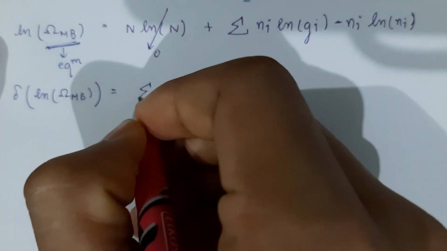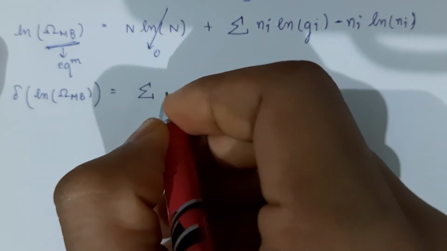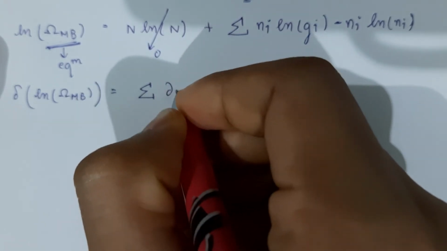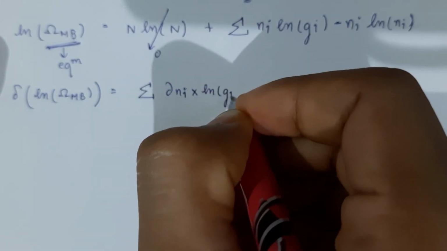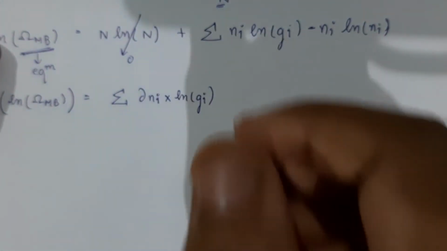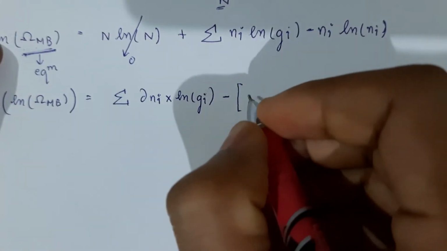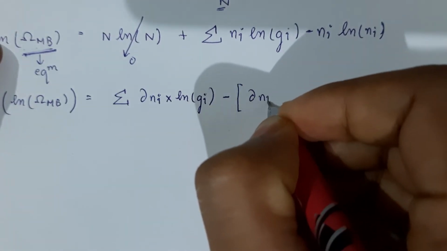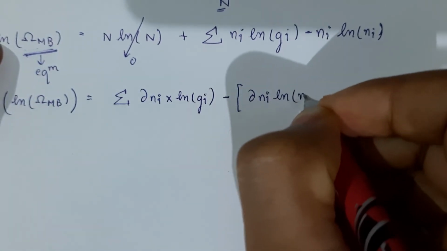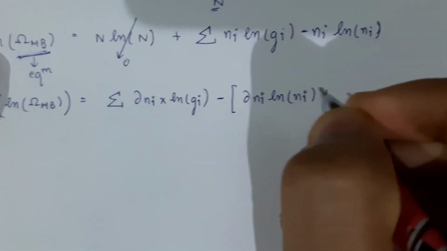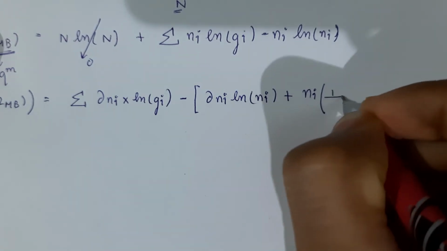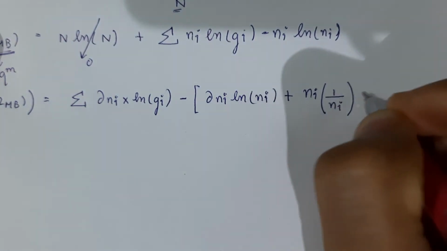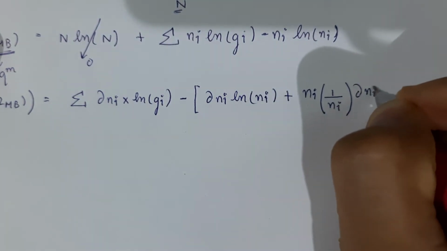So this will be d of ni into ln of gi, minus d of ni into ln of ni, plus ni times 1 by ni, because the differentiation of ln n is 1 by n.